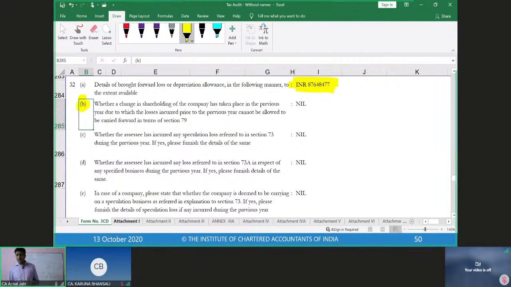By looking at the nature of the transaction, by looking at the details of the contract or the agreement which will give the understanding about the changes in the shareholding, auditor will get to know whether any of such amounts in respect of the losses can be allowed to be carried forward or not in respect of that transaction. So these two are the points in the context of the brought forward loss or depreciation.